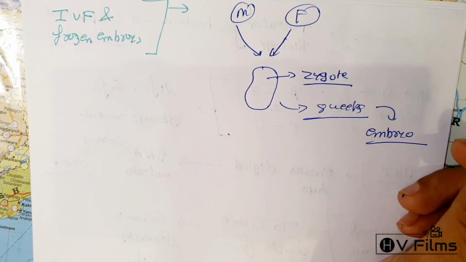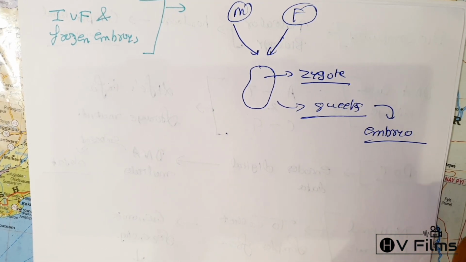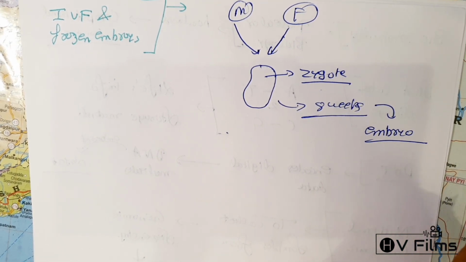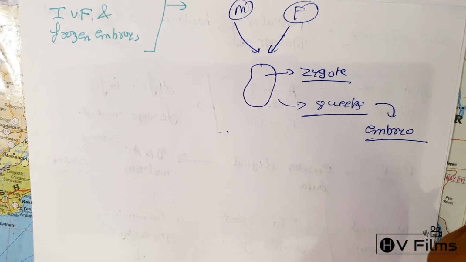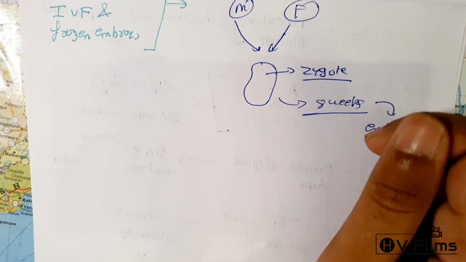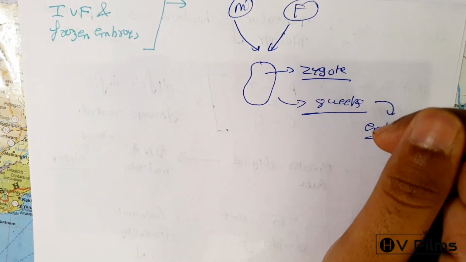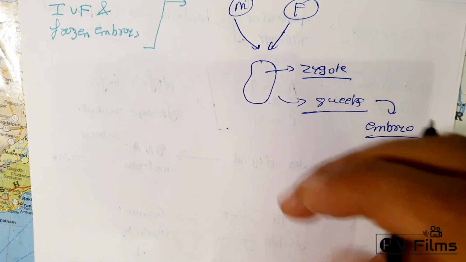Now there's a word, infertility. Maybe you know that it occurs due to various reasons: insufficient production of sperm or insufficient production of the oocyte, or it can be due to failure to implant the embryo into the uterus. So to correct it, we have the IVF procedure.